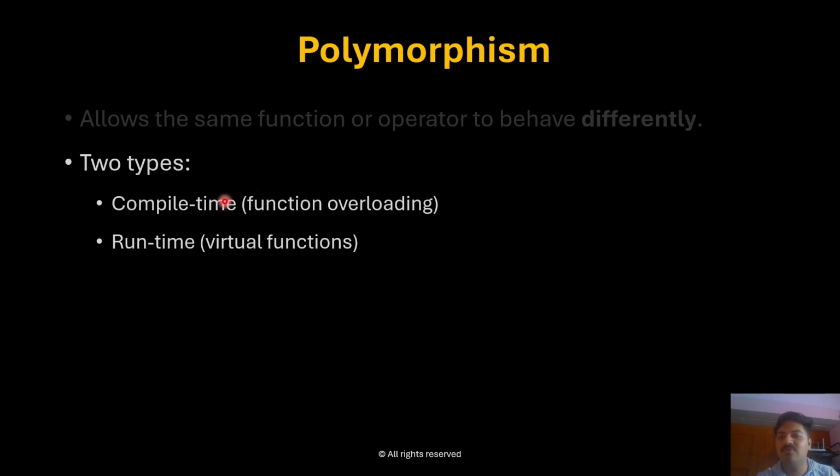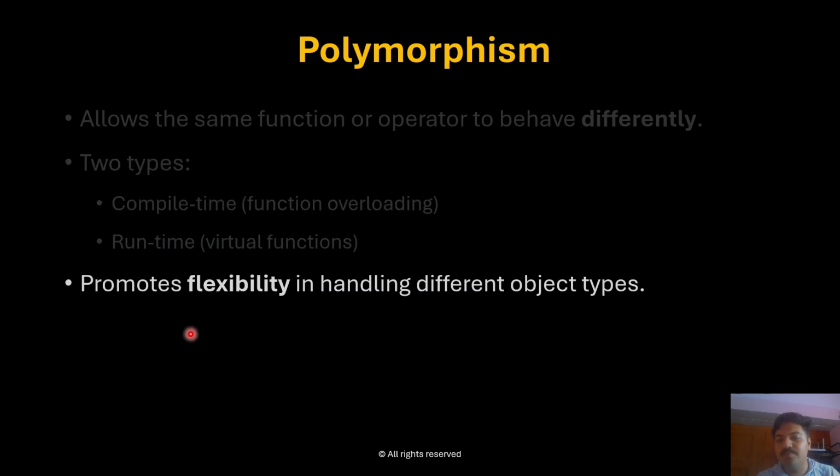Two types of polymorphism are there. Compile time, which is performed during the compilation of code, in which function overloading, which we have talked about, is also used. And the second is runtime. When the code is running, the virtual functions act as polymorphism in that code.